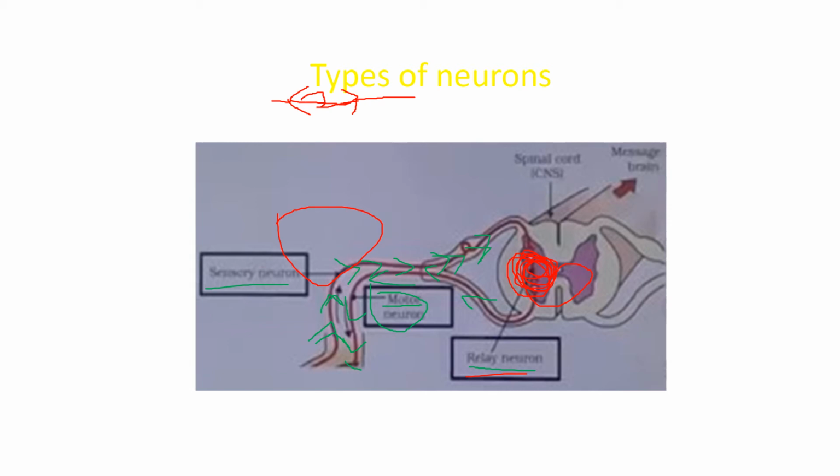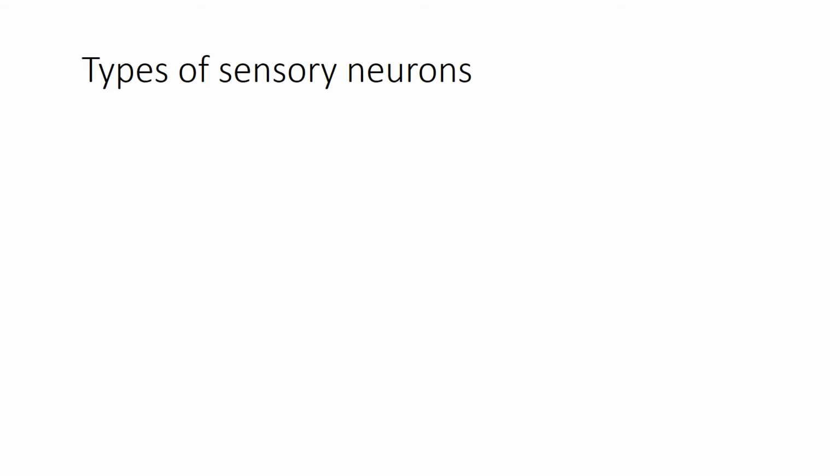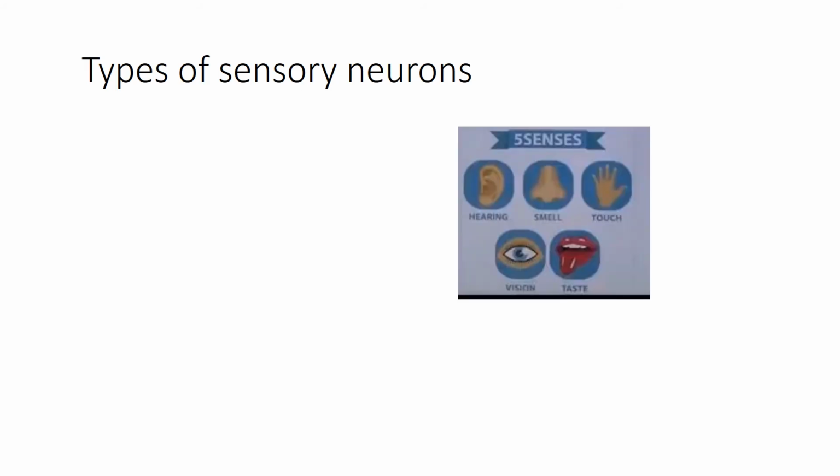Now we will see the types of sensory neuron. See, what is a sensory neuron? It is a neuron which sends the sensory information from the body to the spinal cord or to the brain. In this sensory neuron, there are 5 types. In the skin, there is a sensory neuron which is called thigmoreceptor.